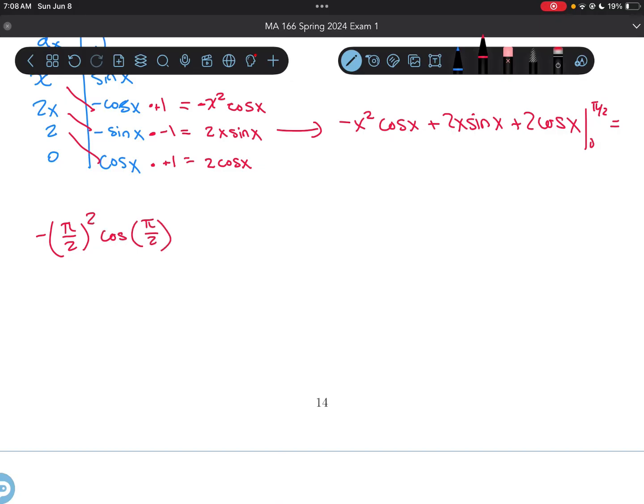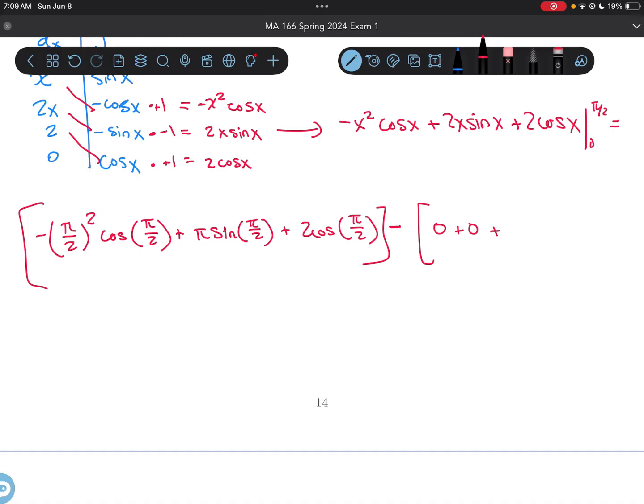Okay, so if I plug in pi over 2 first, I have negative pi over 2 squared times cosine pi over 2 plus pi times sine of pi over 2 plus 2 times cosine pi over 2. And all of this is subtracted by plugging in 0. If I plug in 0, the first expression is 0, the second expression is also 0, and then I get plus 2 times cosine 0.